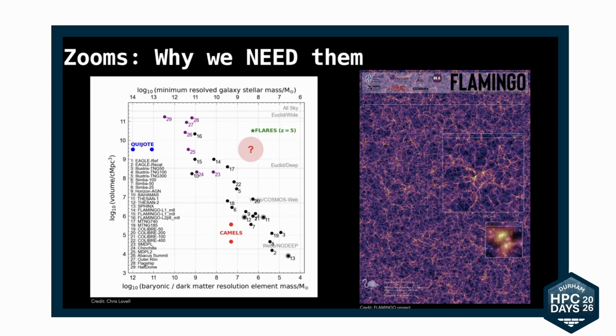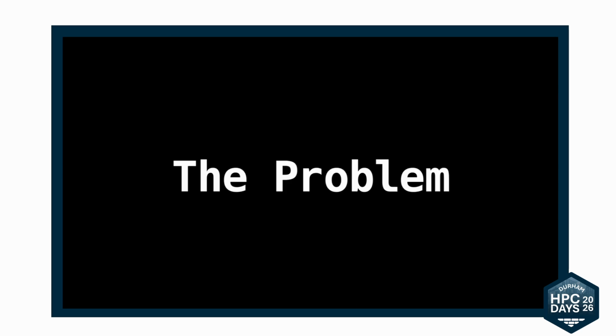You take a large volume like Flamingo, which is full of the large-scale structure of the universe, find an area of that box that particularly interests you, and zoom in. You degrade the resolution in most of the volume, but focus all of your compute in the area you care about. In theory, this makes a nice, simple, efficient calculation that lets you reach the top right-hand corner of this plot without paying the cost.